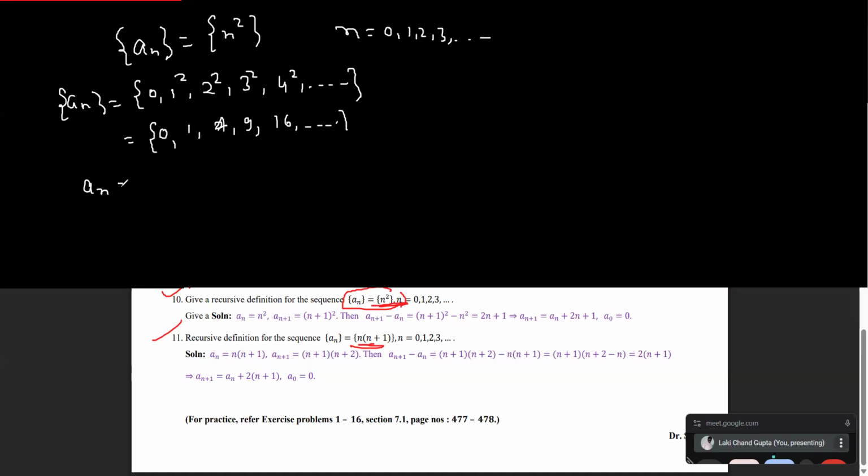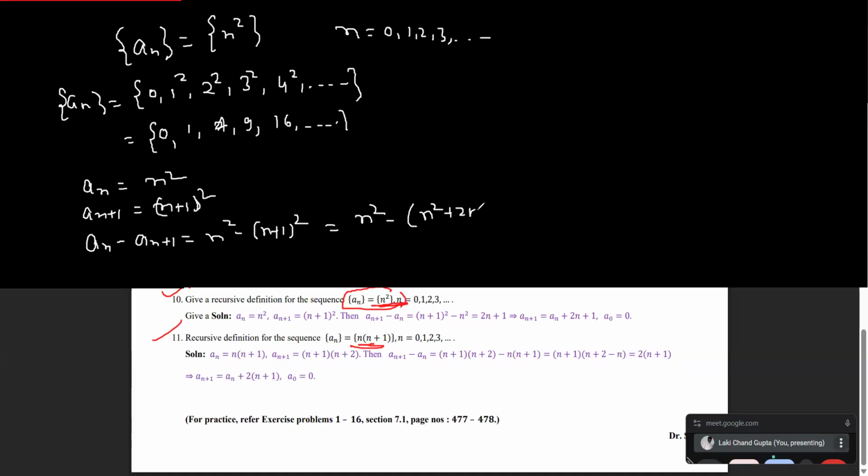So a_n is what? n squared. a_(n+1) will be (n plus 1) whole squared. Right? You know a_(n+1) minus a_n will be what? So (a plus b) whole squared is a squared plus 2ab plus b squared. Right?